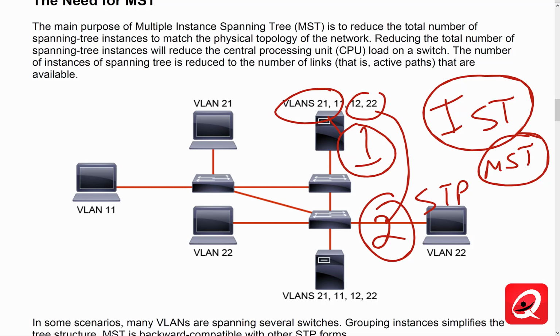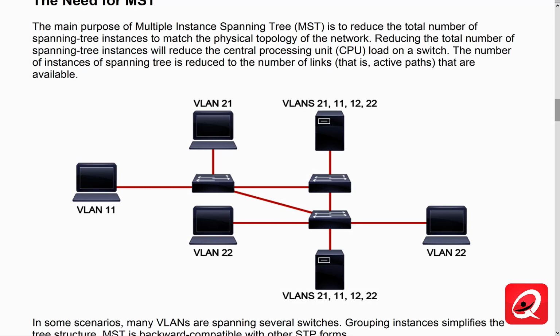So multiple spanning tree allows us to create these VLAN to MST groupings. We map the VLANs to the MST instance, and then we run spanning tree per instance as opposed to per VLAN. So we have to create our MST region. We specify a revision number. We do our VLAN to MST instance mappings, and that's pretty much it. Then everything works as it normally would.